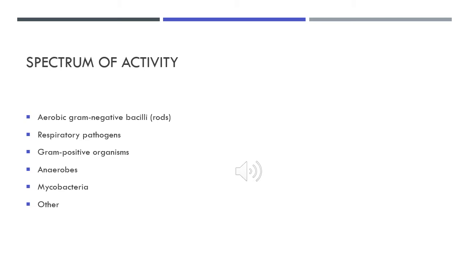So what do I even mean by that? E. coli, Klebsiella, Proteus. These are called your Enterobacteriaceae. I'm trying to break it down for you. But those gram-negative bacilli, E. coli, Klebsiella, Proteus, the fluoroquinolones do really well against those bacteria.